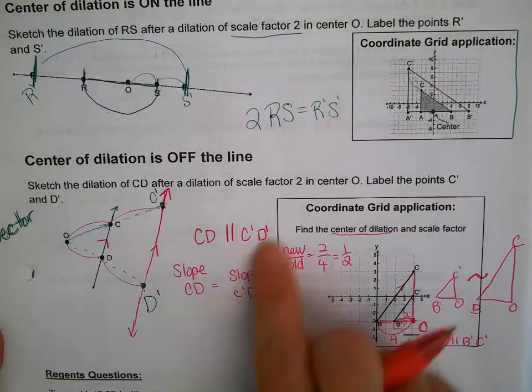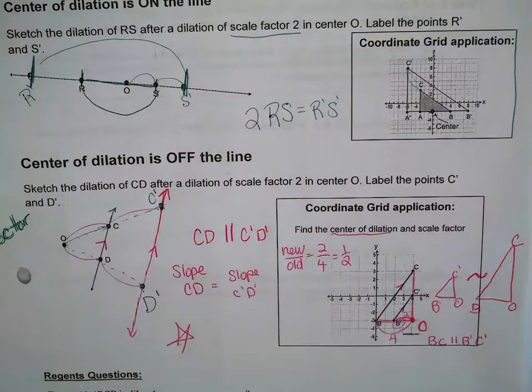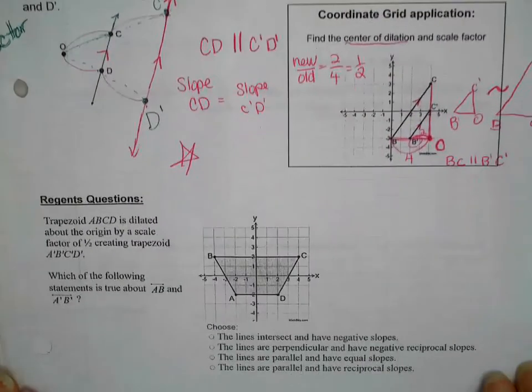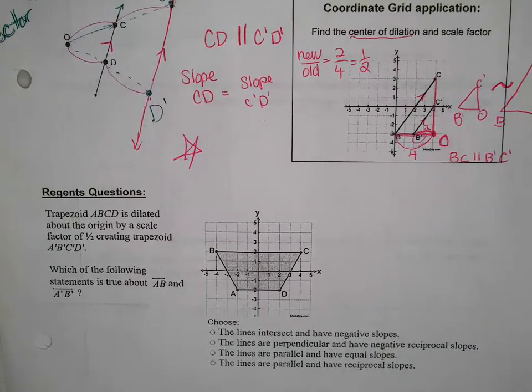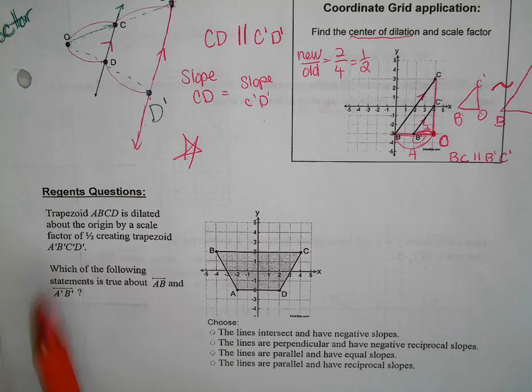So that idea of being parallel is important for this type of regions question. Looking down at the bottom of the page, trapezoid ABCD is dilated about the origin by a scale factor of a half, creating trapezoid A prime, B prime, C prime, D prime.